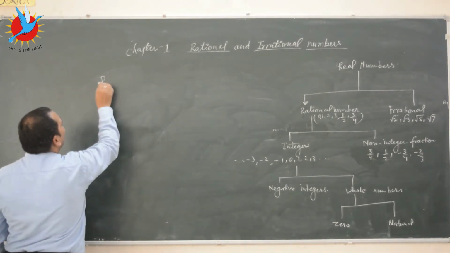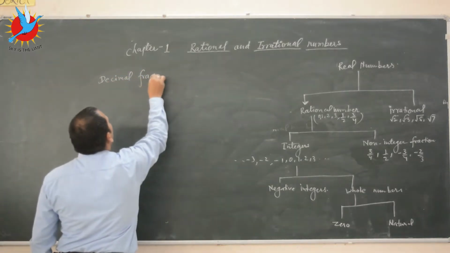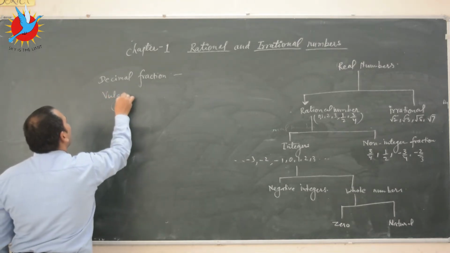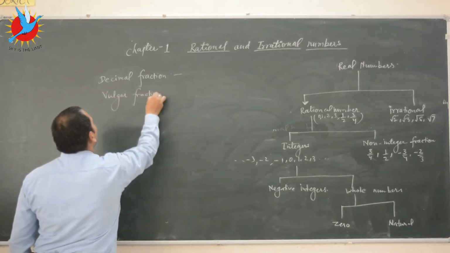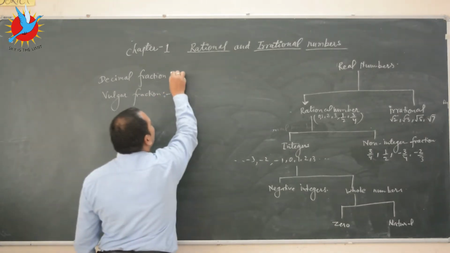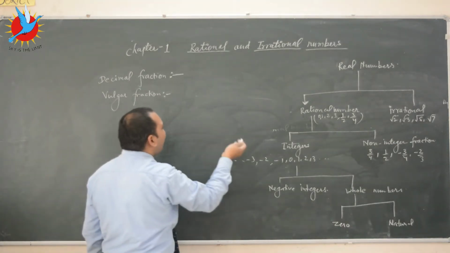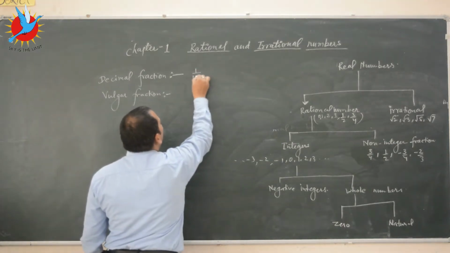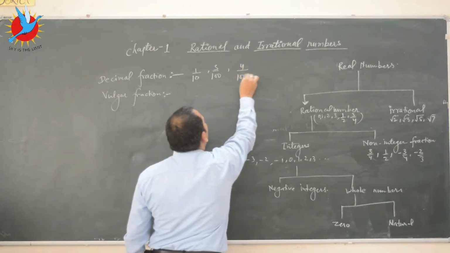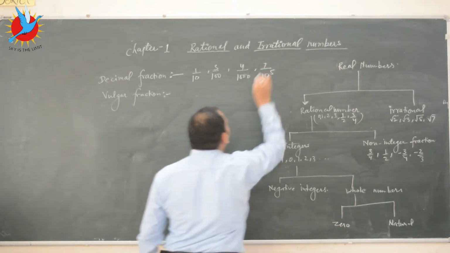There is the decimal fraction and the vulgar fraction. What is a decimal fraction? A fraction whose denominator is either 10 or a power of 10, like 1 upon 10, 3 upon 100, 4 upon 1000, or 7 upon 10 to the power 5.